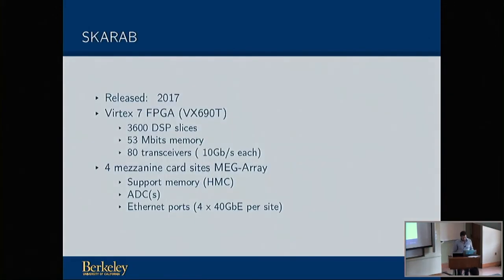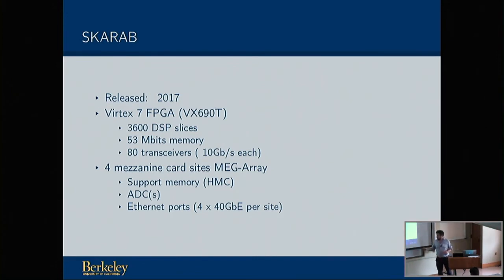Now getting into the bigger processing boards, SKARAB, released a couple of years ago, give or take, a Virtex 7, so the same series of FPGA as Snap, but much more powerful. Now we're looking at thousands of DSP slices, a bunch more memory, lots and lots of transceivers. SKARAB took a slightly different tack to Snap, where Snap put ADCs on the board.